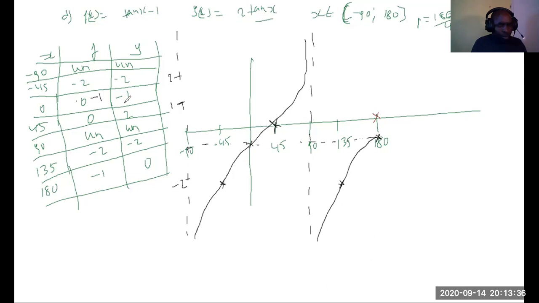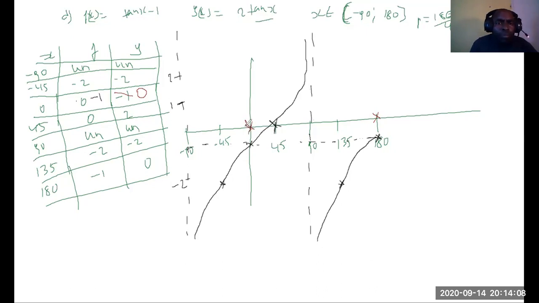Yes. -2, then 0, then 2, -2 and 0. Yes. So my zeros is here and there as well. Here also there is a 0.